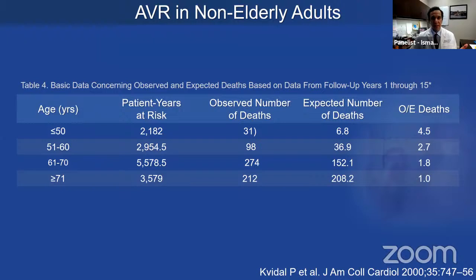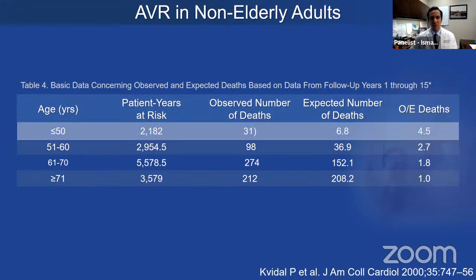Well, they actually stratified the patients according to their age at the time of surgery, as you can see here on the left-hand side. And what they showed was the OE ratio, the observed to expected ratio in terms of deaths. And surprisingly, patients under the age of 50 had the highest OE ratio at 4.5, whereas patients over the age of 70 had an OE ratio of 1.